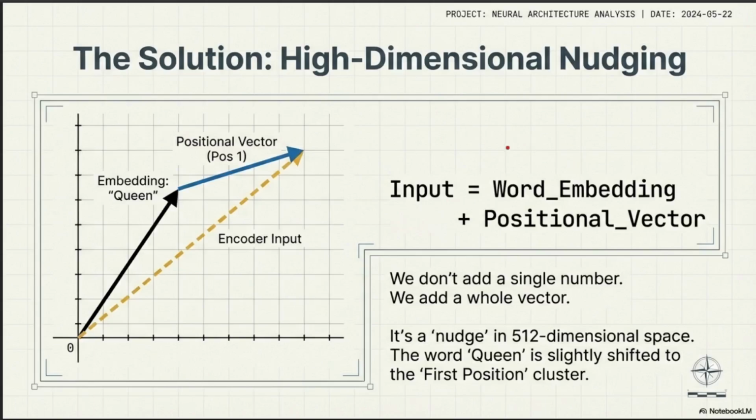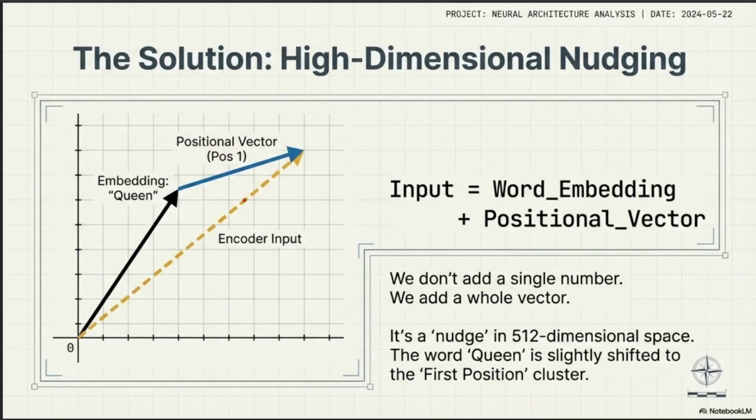So this is the solution. We do not just append a single number to the word. Instead, we generate a whole vector, which is a list of numbers, specifically for that position. We then add this positional vector directly to the word embedding. If you look at the graph, imagine the black vector is the word queen, and the blue vector is position 1.